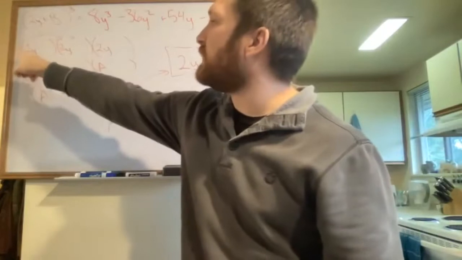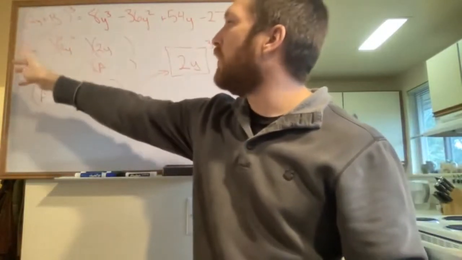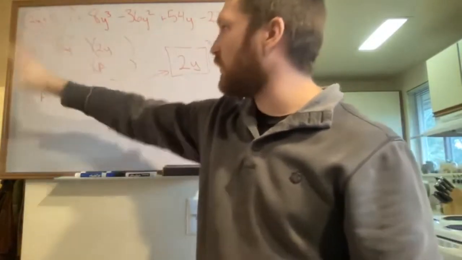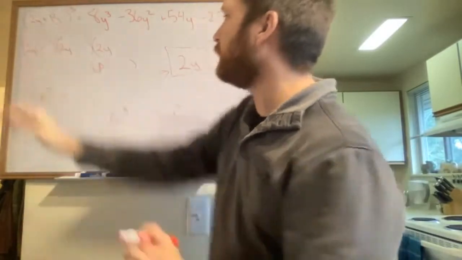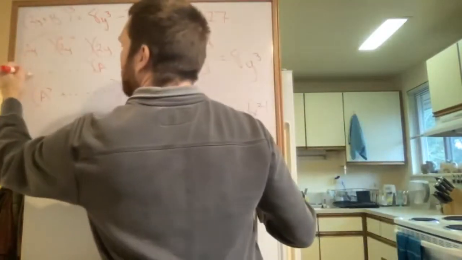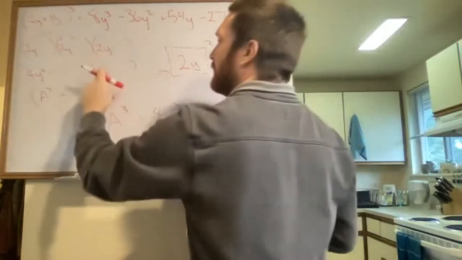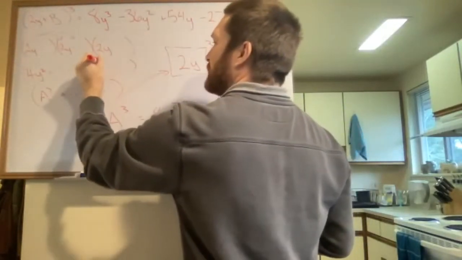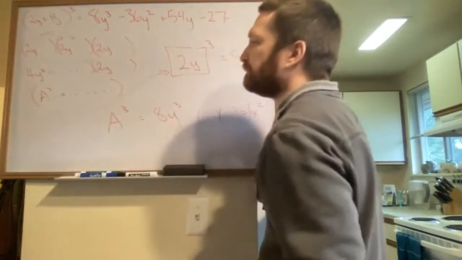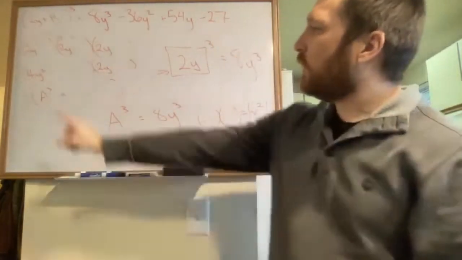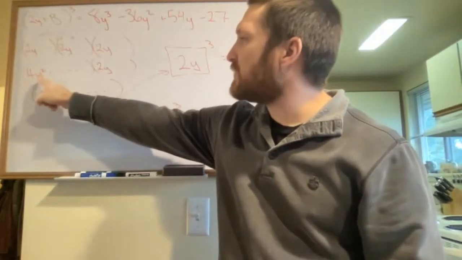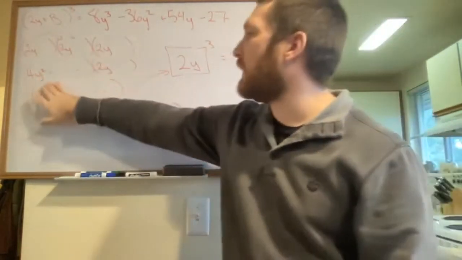That first would give me 2 times 2 is 4. Y times y is y squared. And so I would have ended up with a 4y squared, and then a bunch of other terms that we don't care about right now. This guy would still be a 2y. Finally, we get my 4y squared times 2y is what?